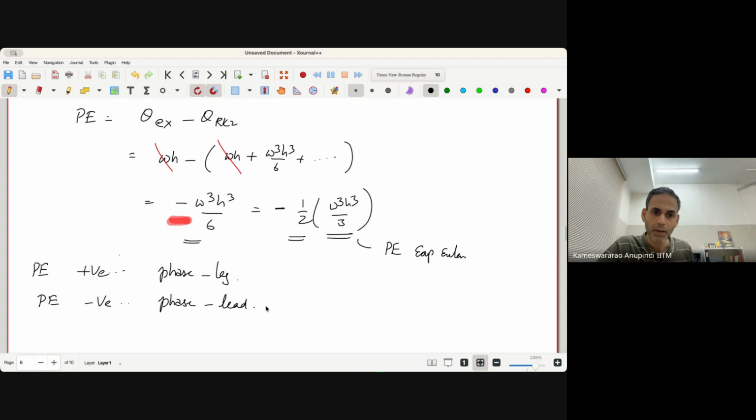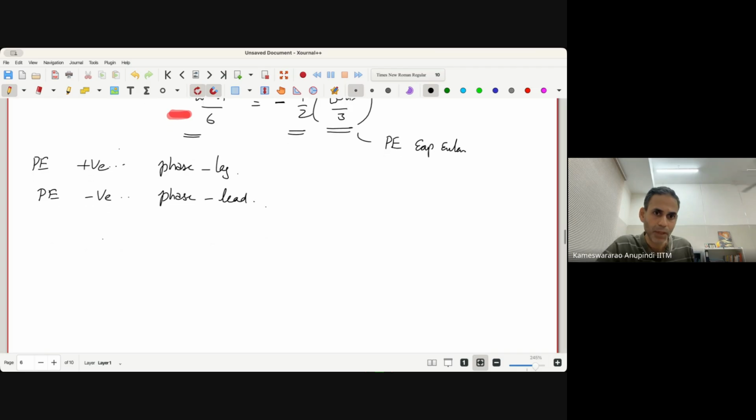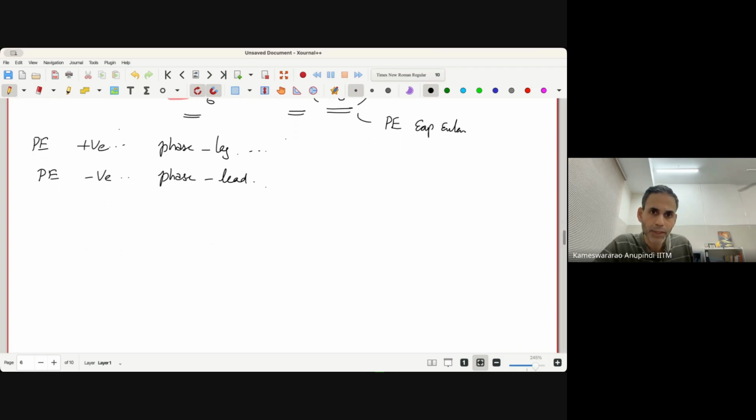What is phase lag and phase lead? We have already seen that. So phase lag we have observed for explicit Euler, implicit Euler, and trapezoidal. Whereas now we say that this particular RK2 has a phase lead.